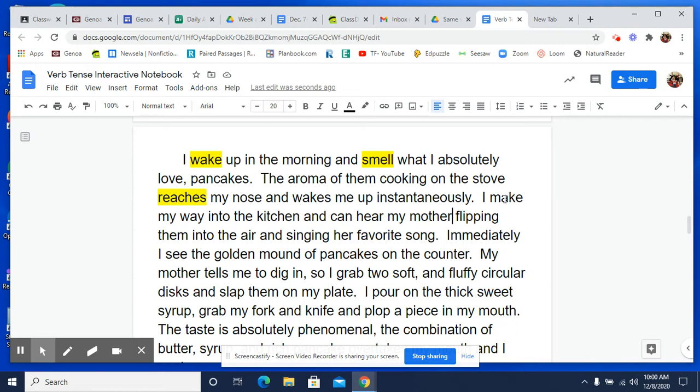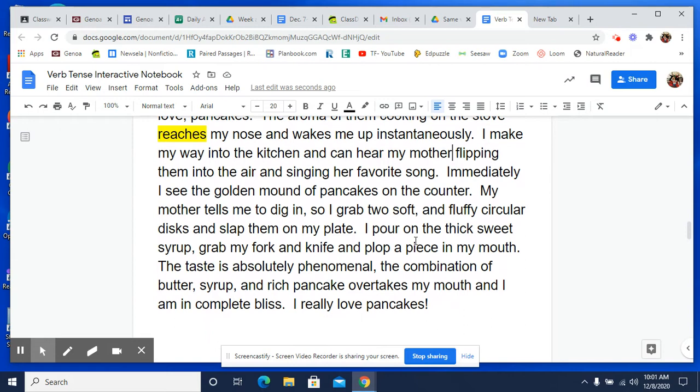I make my way into the kitchen and can hear my mother flipping them into the air and singing her favorite song. Okay, so far, all present tense. Immediately, I see the golden mound of pancakes on the counter. My mother tells me, okay, if it was past tense, it'd be told me, but my mother tells me to dig in.